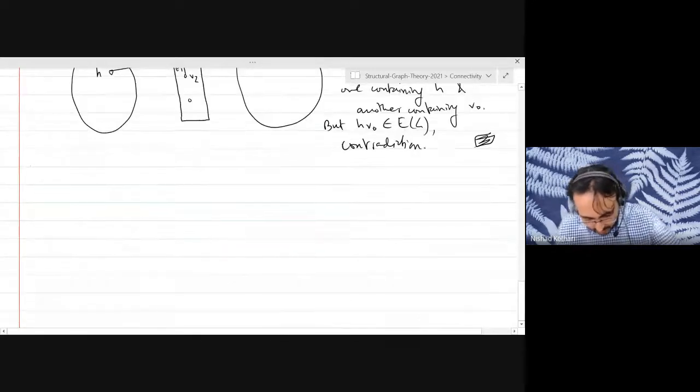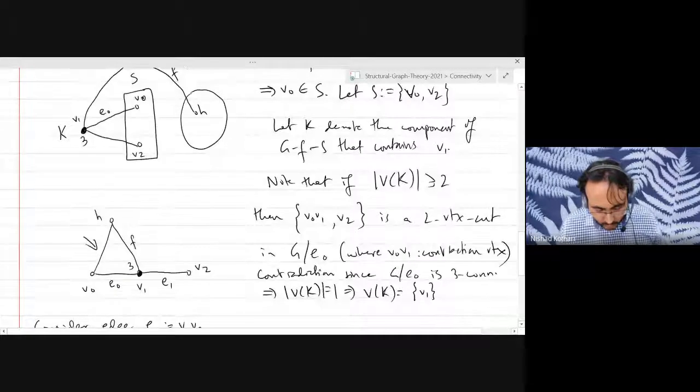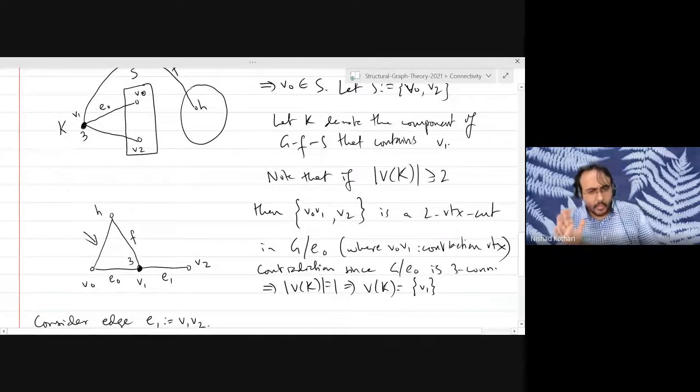So what has happened? Let's take a quick look at what happened. We started with one E0, which is a contractible edge, but it is not strictly contractible by our assumption. And now we have another contractible edge next to E0. Okay? And now we can apply the same arguments as we applied to E0 to the edge E1.